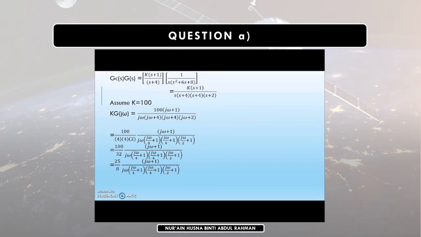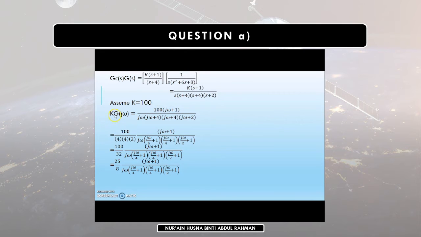Next, we cascade both parts and simplify the equation. So the new equation for the system is K(S+1)/(S(S+4)(S+2)).